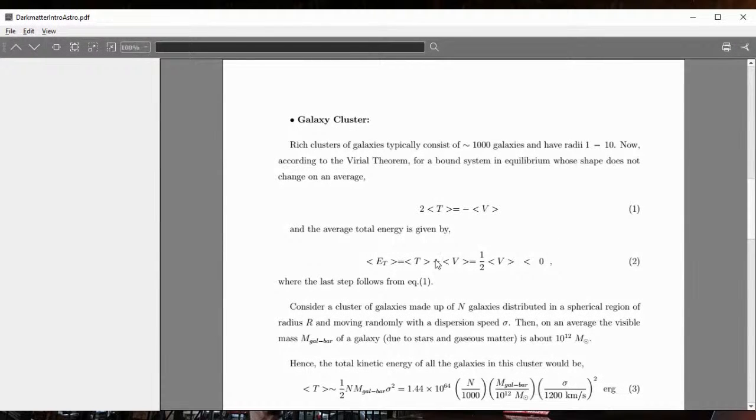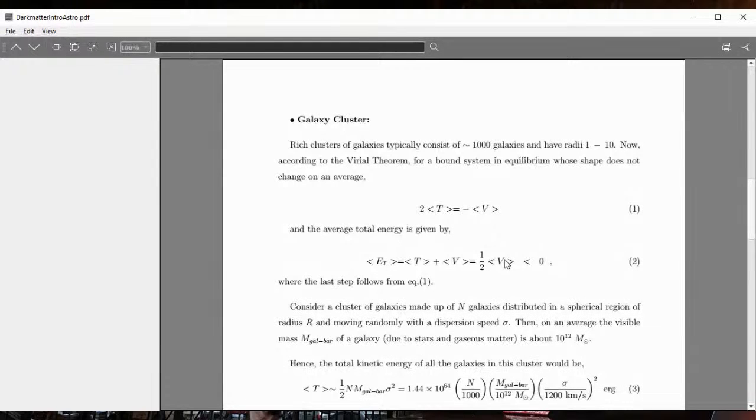The average total energy of such a bound system will be average kinetic energy plus average potential energy. And by virtue of the virial theorem, since average kinetic energy is minus half of average potential energy, this becomes minus half of average potential energy plus average potential energy, which is equal to half of average potential energy.